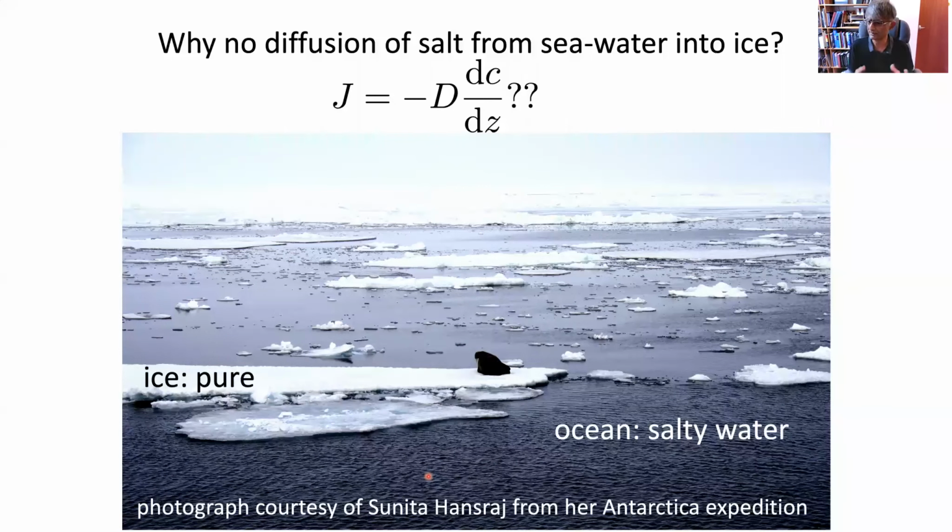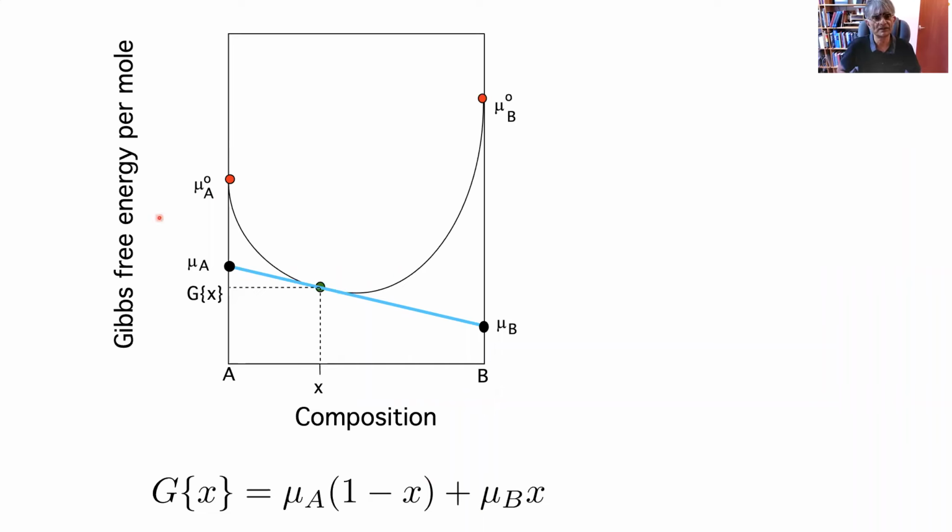So imagine that we have a phase, a single phase, and it consists of two components, A and B, and this is the free energy of pure A and the free energy of pure B. And then we make a solution of a particular composition X, and that will have a certain free energy G, which is a function of X, because if I take another solution here, it will have a different free energy.